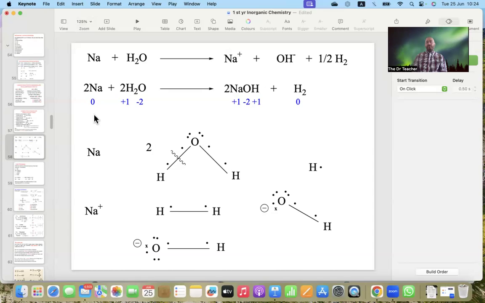If we come to sodium itself, by itself, it is stable. Stable means zero charge. And always they keep the sodium under petroleum or paraffin because it will react with oxygen and water or moisture.